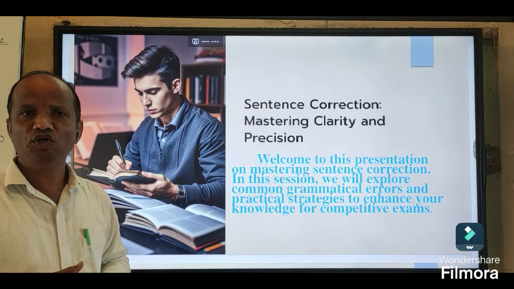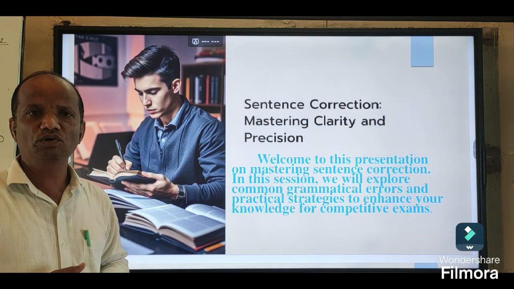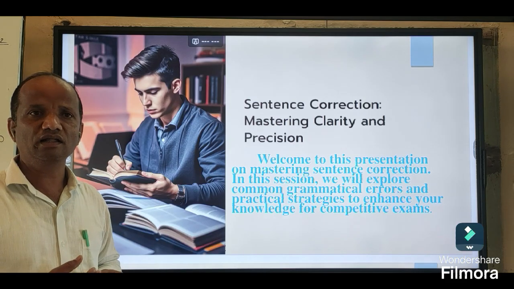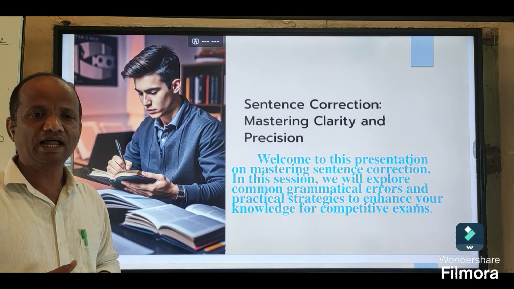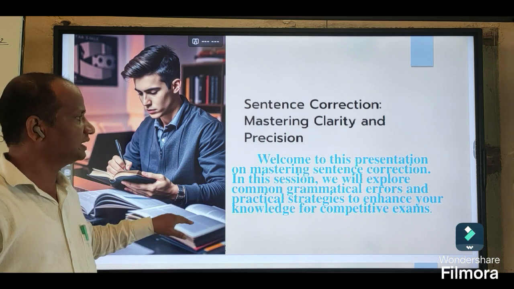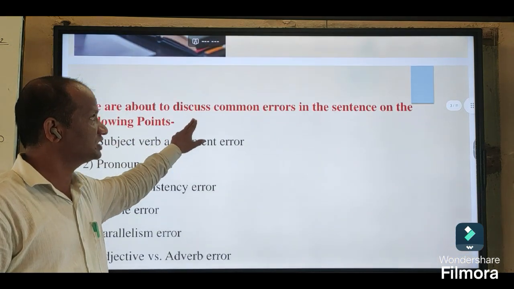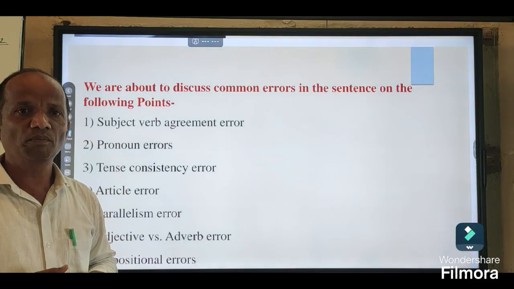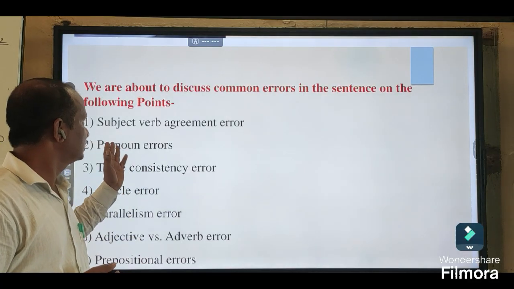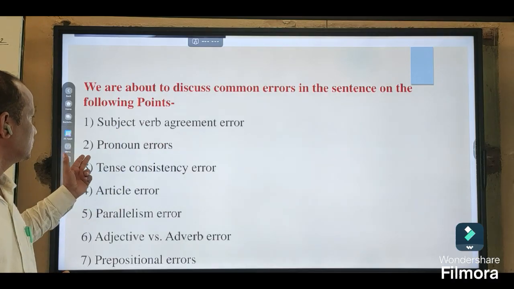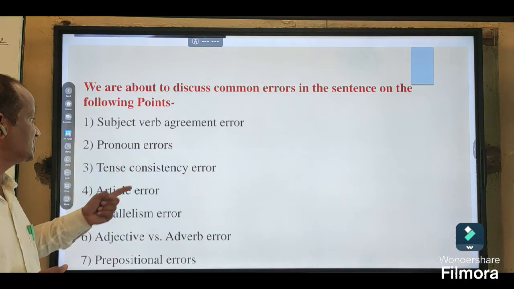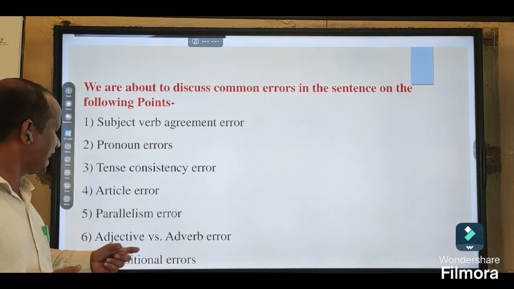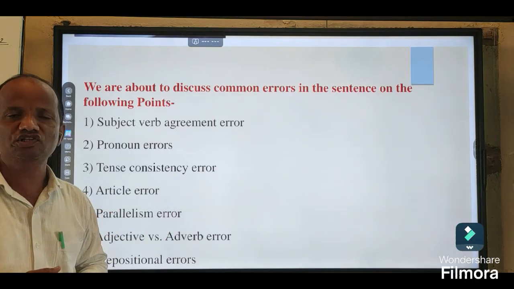My dear friends, in your competitive exams a sentence is given to you and that sentence contains an error. You have to find out that error and try to rectify it. Here are some common errors which make sentences incorrect: subject verb agreement error, pronoun error, tense consistency error, article error, parallelism error, adjective versus adverb error, and prepositional errors.